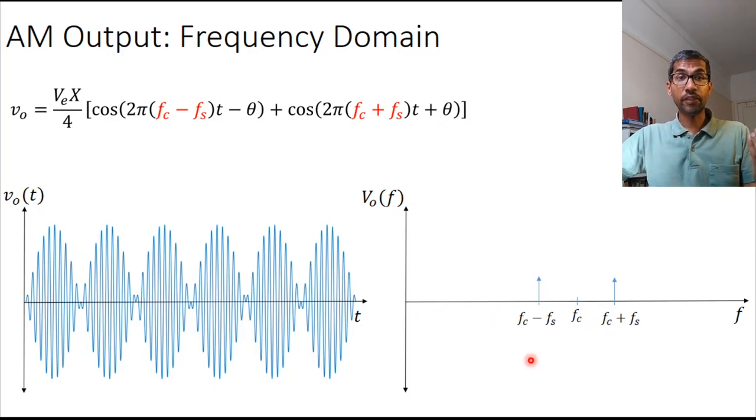This kind of amplitude modulation is called double-sided, because you have peaks at both sides of the carrier signal, but the carrier is suppressed. So double sideband, carrier suppressed amplitude modulation. Does that make sense? Double-sided, but the carrier is suppressed.